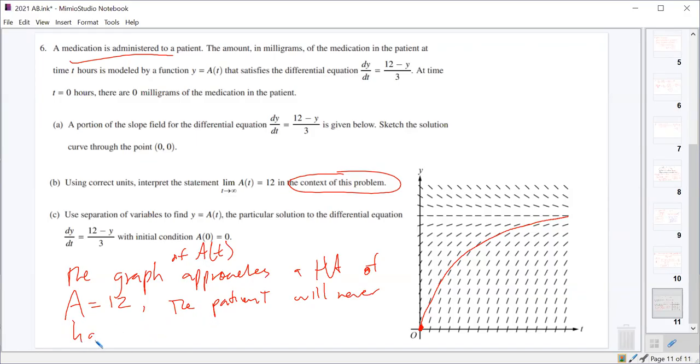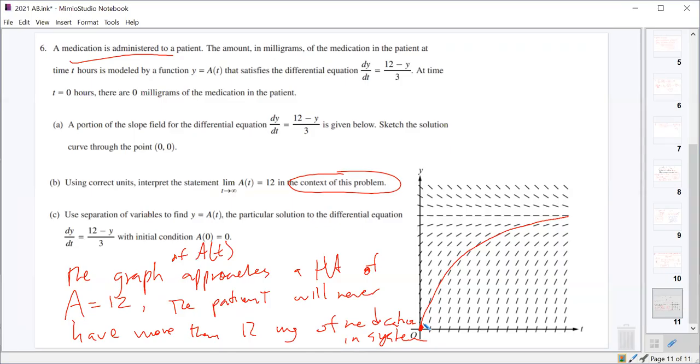Let's rewrite both those words. Will never have more than 12 milligrams of medication in their system. Something to that effect would be good. Everybody good with that? Yeah. No, I think if you just put the second part, that's fine.